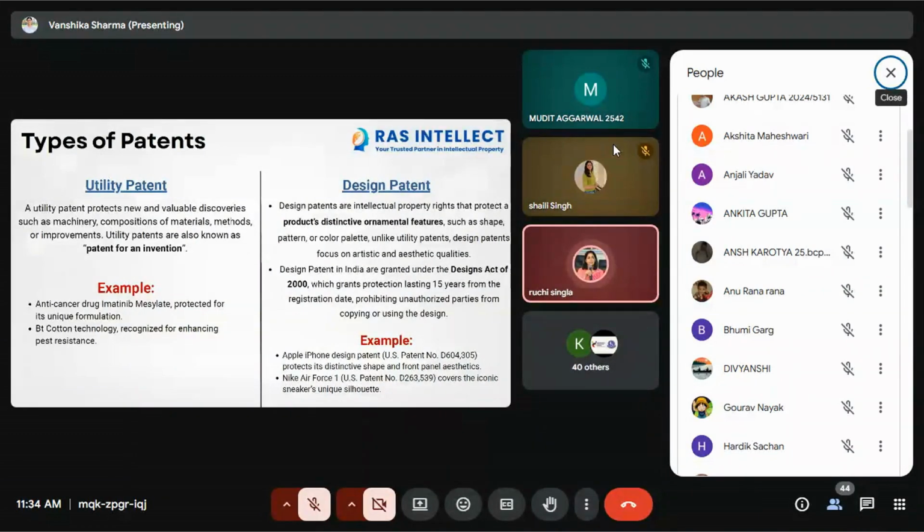Suppose you want to move ahead with the process of registering a company. This is just an example which I'm giving because I belong to an engineering background. So I'm giving you simple examples for management or for finance. So for the registering of a company or for ensuring a product, if you have devised a new method, then you can go for a utility patent.